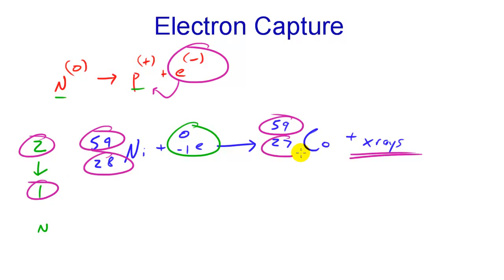It's minus 1 from whatever it was before, and also since all those electrons are getting sucked in, one of them has to drop down, and whenever those electrons drop down, they release energy in the form of X-rays. So hopefully with that recap, this is now burnt in your brain and you understand what electron capture is. If you don't, watch the video again or look somewhere else because that's the best I can explain it.